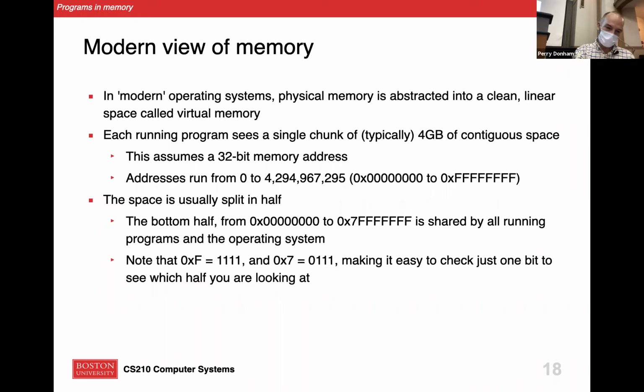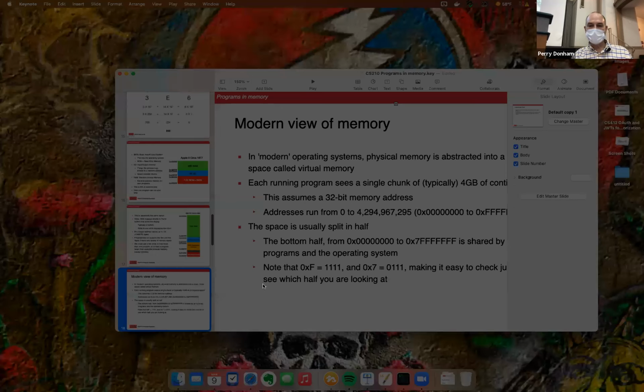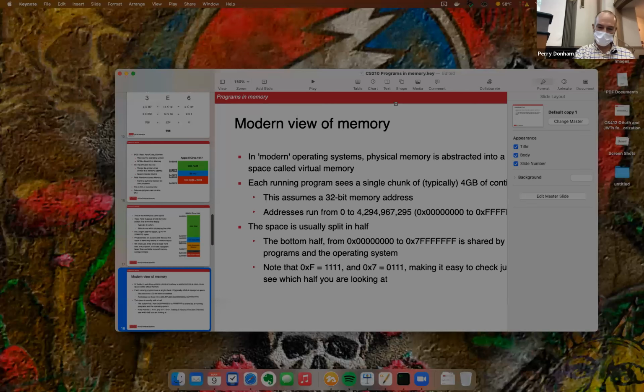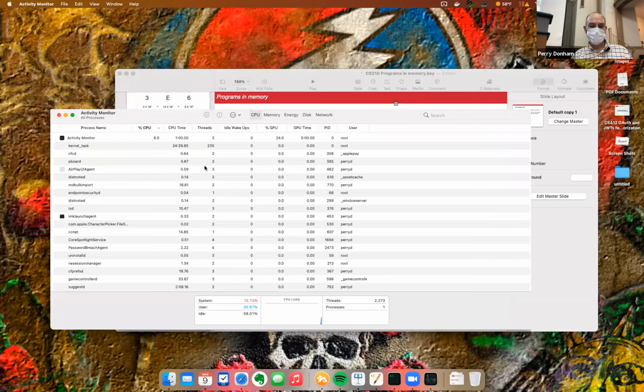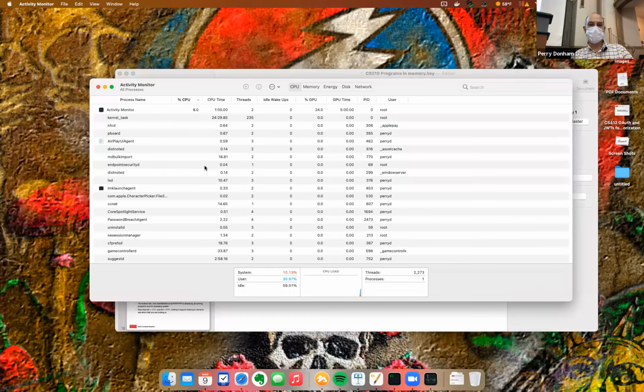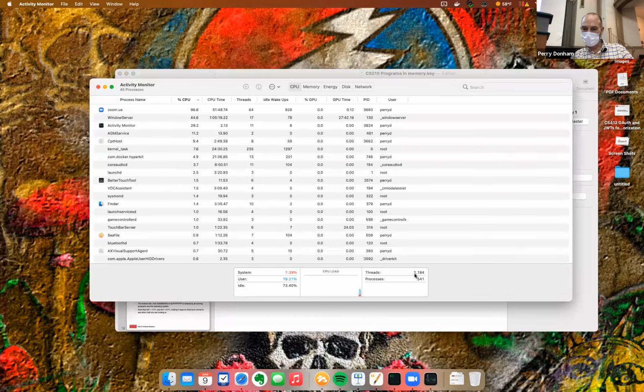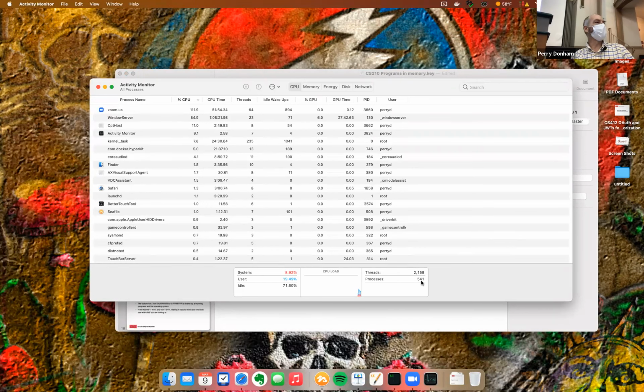Well, already we're in trouble, right? Because, let's just pop over to Activity Monitor here. I think it's Task Manager on a Windows box. How many processes do I have running on this machine? I've got 541 processes running.